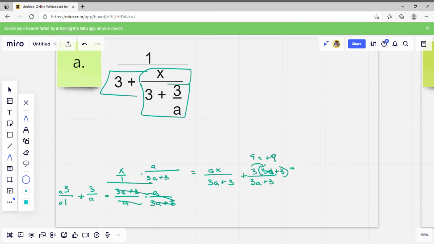Okay, so that means that part equals AX plus 9A plus 9 over 3A plus 3. Alright, and then all we have to do is put that 1 over that.